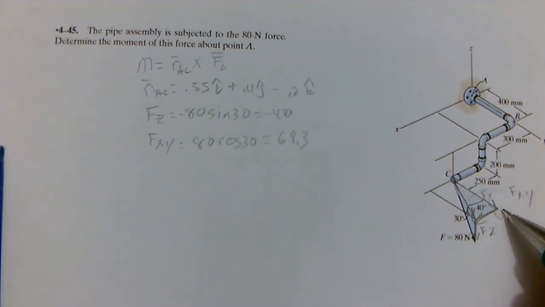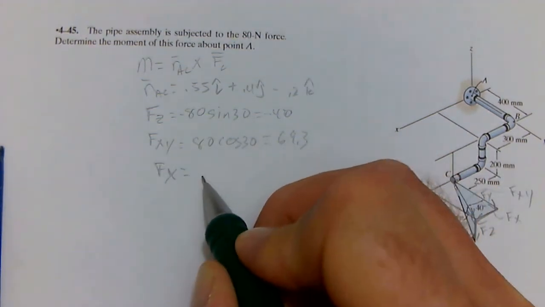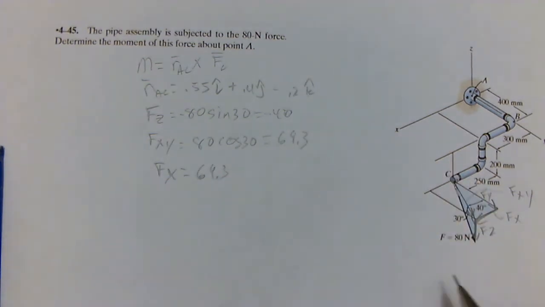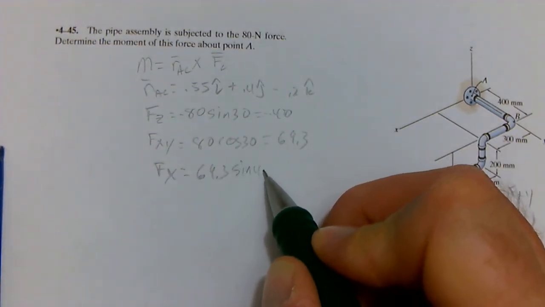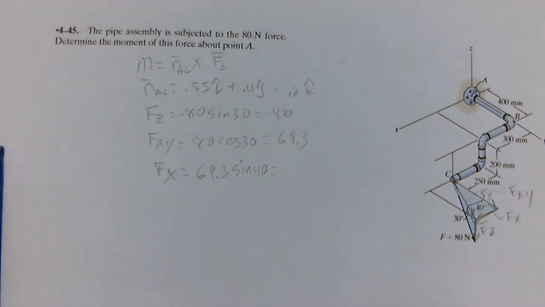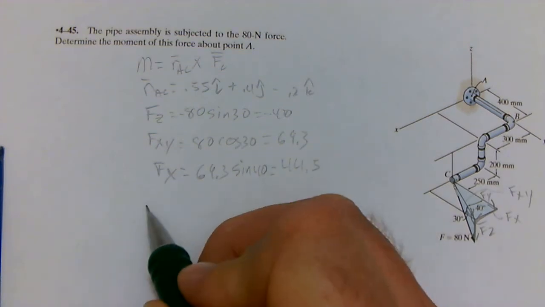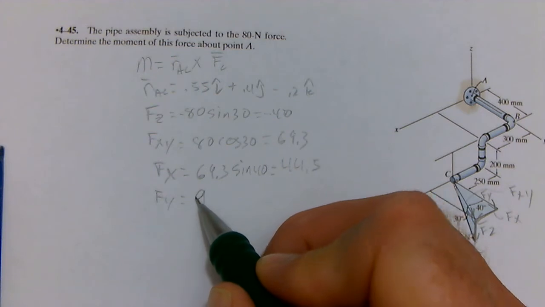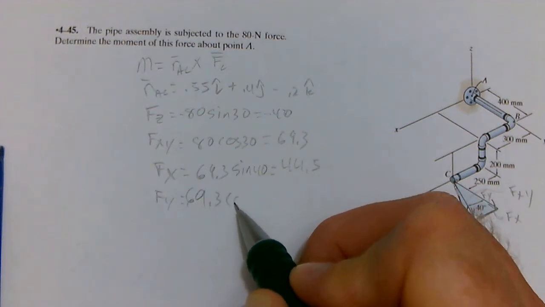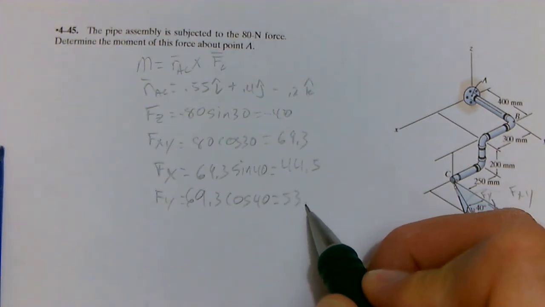So let's find the y and the x. So Fx is going to be 69.3 times the sine of 40. So sine 40 is 44.5, and Fy is going to be 69.3 cosine 40, and that is 53.1.